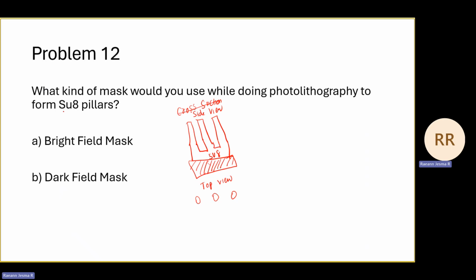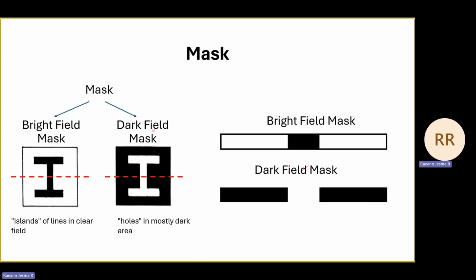And you know that SU8 is what? It's a negative photoresist, right? So in order to make these kind of pillars, what kind of mask would you use? Is it a bright field mask or a dark field mask? Okay, first let me tell what the different kinds of masks are.